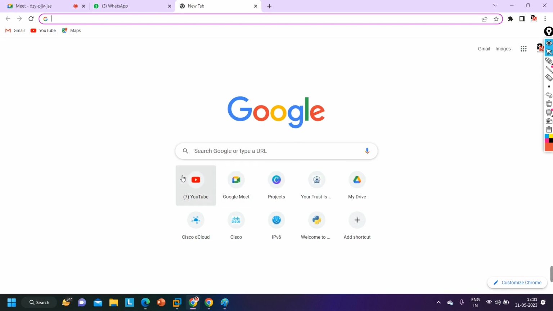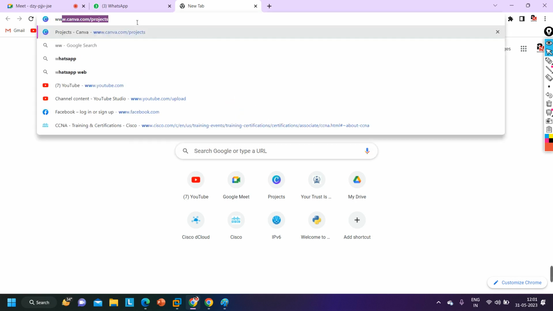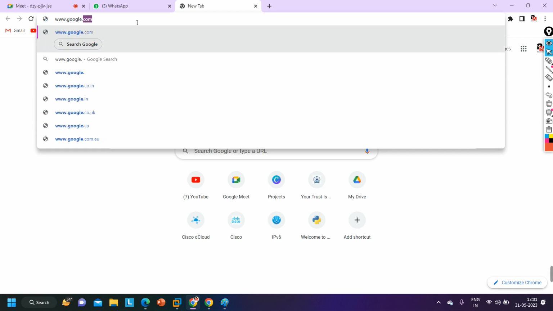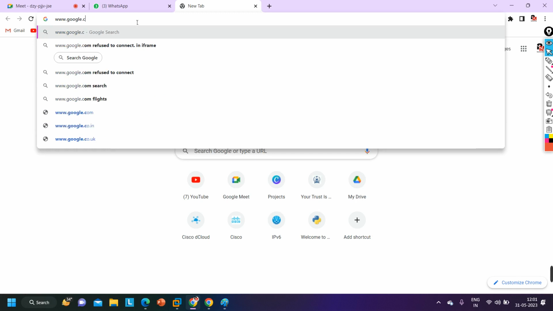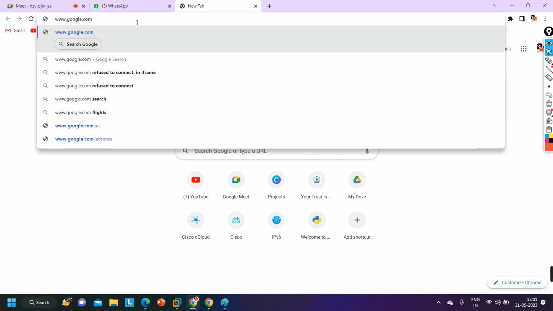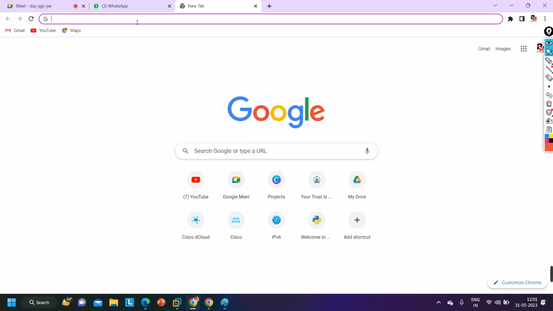This is nothing but the application layer, and this is the user interface. Through this interface only I can reach the Google server, www.google.com.